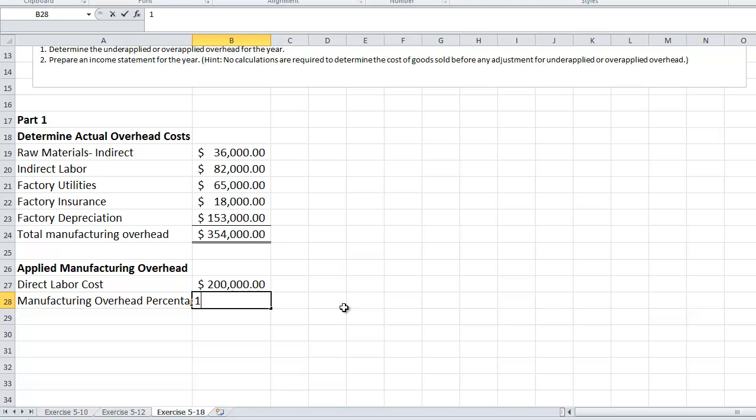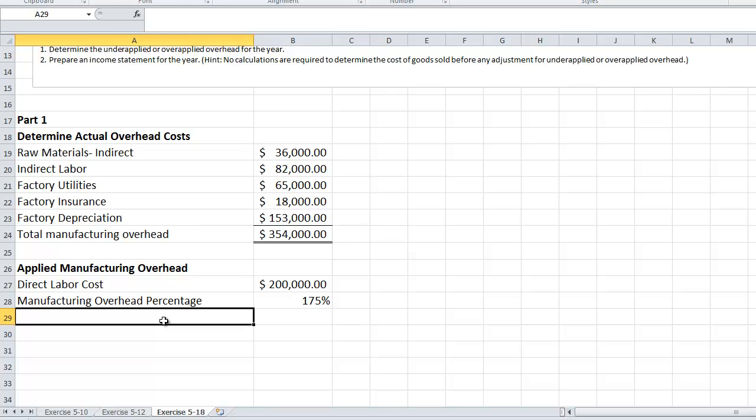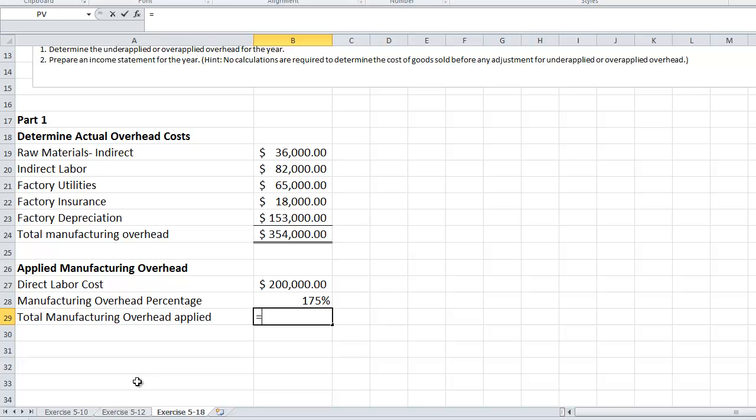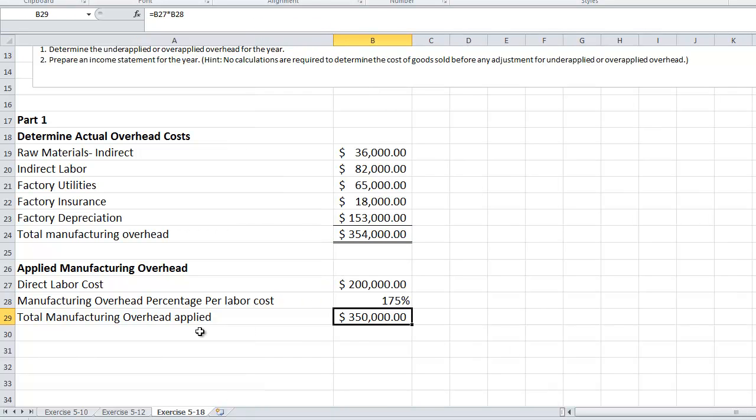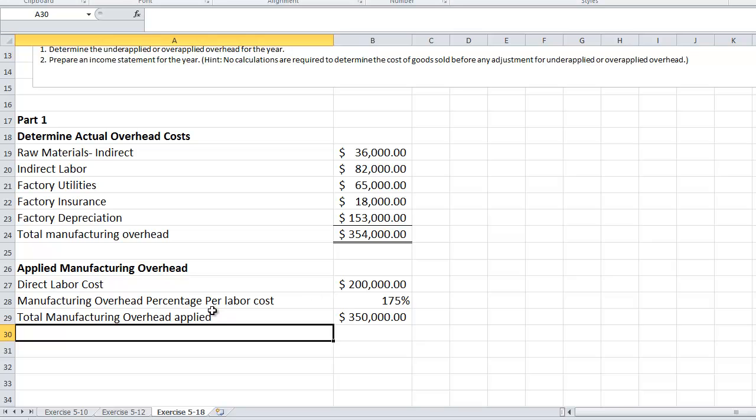So the manufacturing overhead percentage was 175%. So total manufacturing overhead applied equals the direct labor cost times the manufacturing overhead rate percentage. So a total of 350,000 manufacturing overhead was applied.